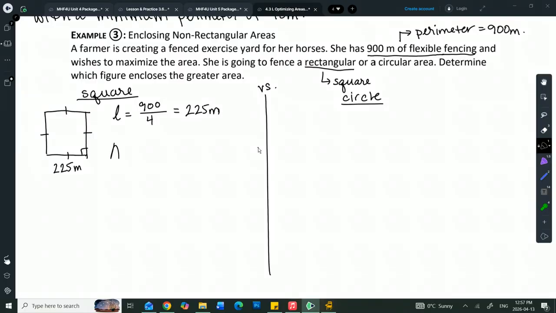What does that make the area? How do I calculate the area of that square? 225. No, that would be perimeter. That's going to give us 900 back. How do I calculate area of a rectangle or a square?